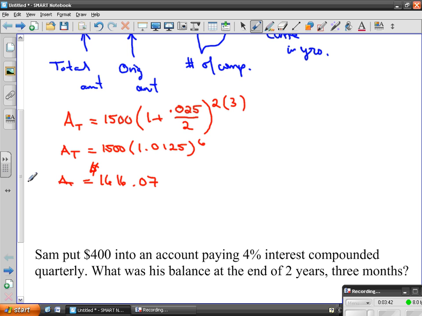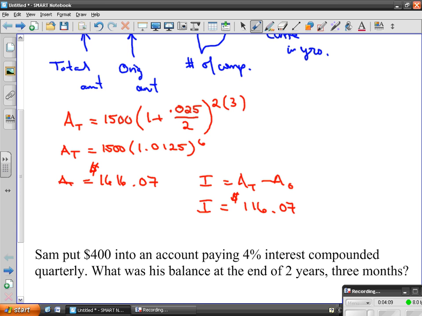We've actually found the total balance first. The total balance is $1,616.07. That seems to indicate that the interest alone would simply be the total amount you have at the end minus your original amount. In this case, it looks like we're looking at $116.07.